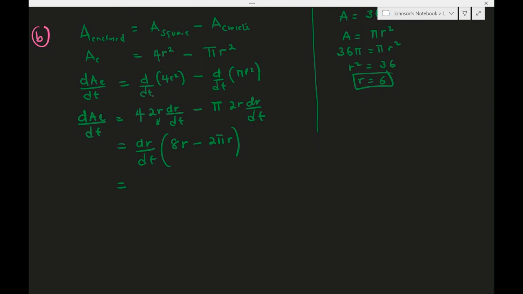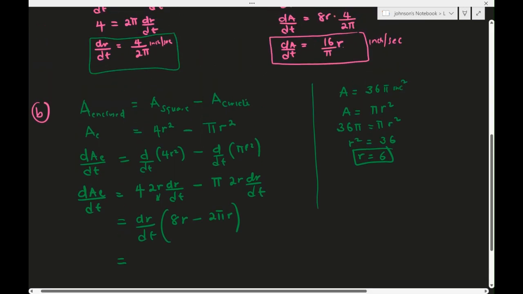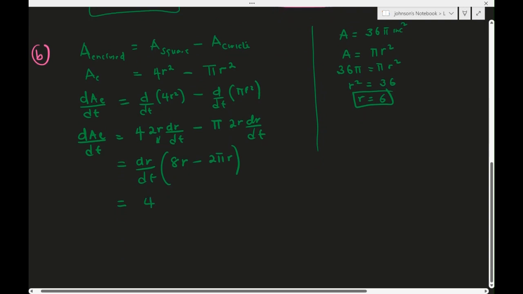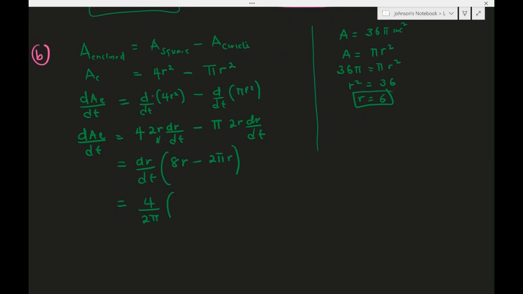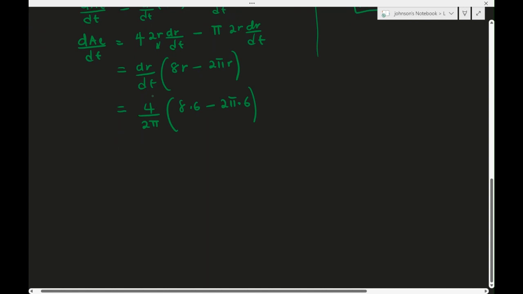And now if we put the value of dr/dt, what is the value of dr/dt? It is 4 over 2 pi. So we have 4 over 2 pi, here you have 8 times 6 minus 2 pi times 6.